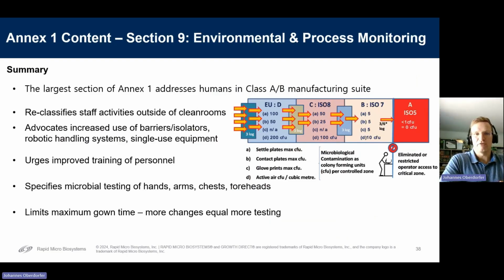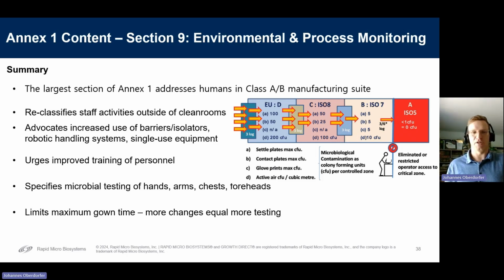Then we have here for the environmental and process monitoring some summary. So this is the largest section that addresses also humans in class AB. And we all know this is the main source of contaminations. There's also reclassification of staff activities outside of the clean rooms.